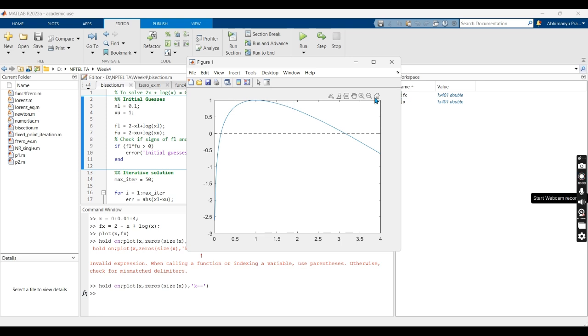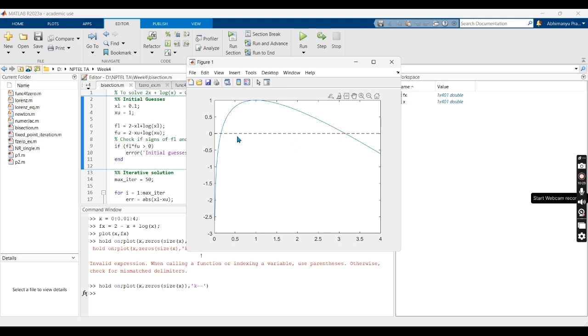One root is close to x equal to 0.1, yeah, 0.15, and the other root is somewhere around 3.14, 3.15.